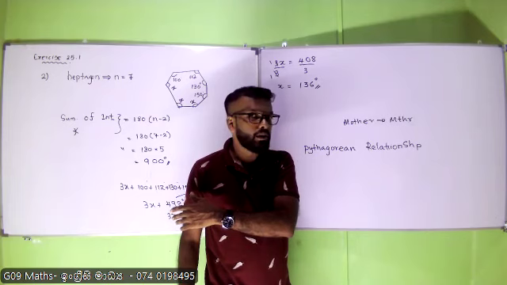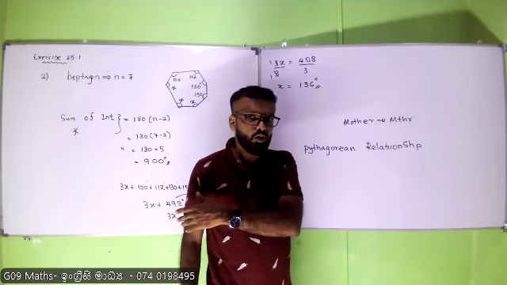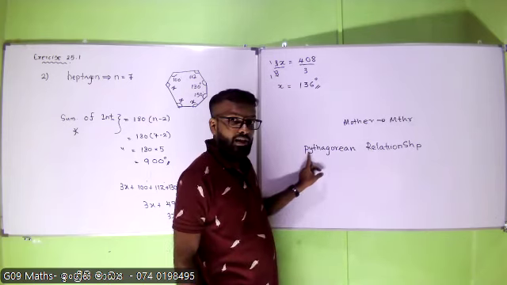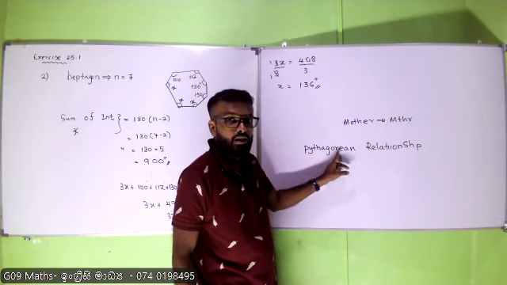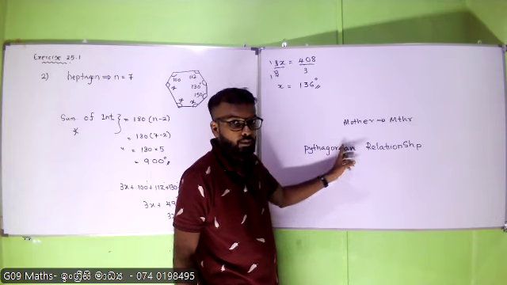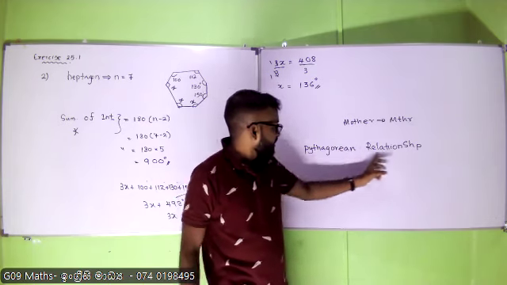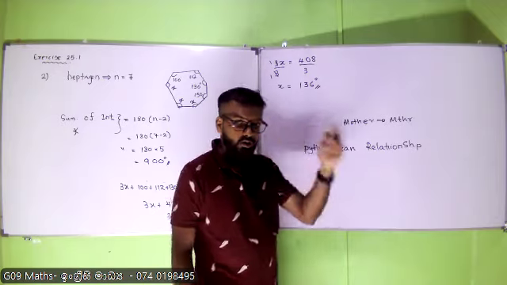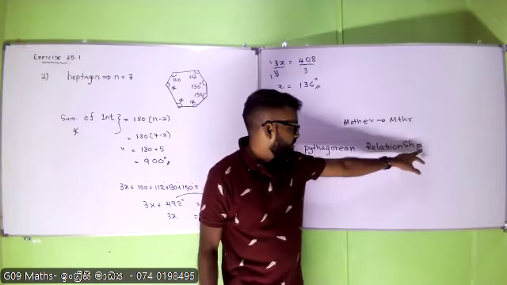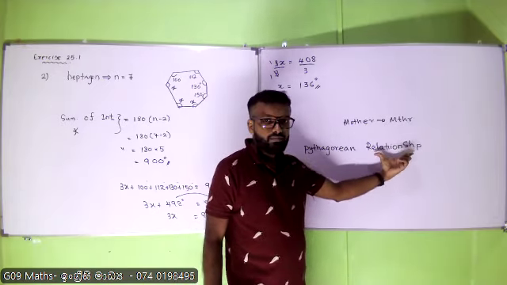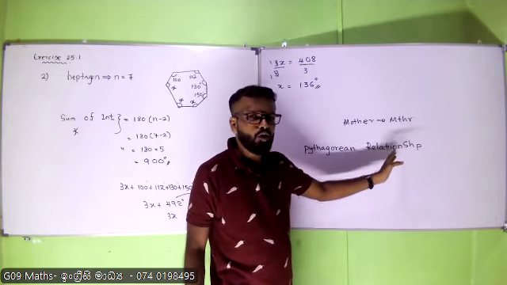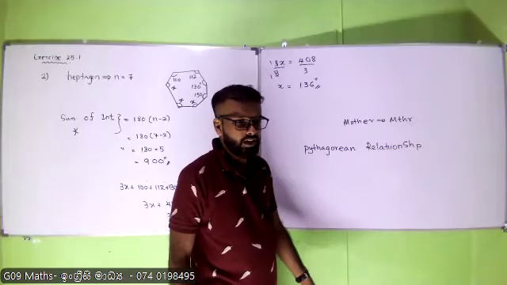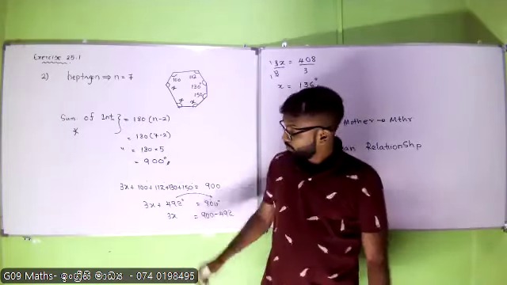When you read a book, you don't read letter by letter, P Y T H A G O R E. You read Pythagorean relationship. The brain knows that. The whole thing is captured by the brain, and then at once you read it, relationship.